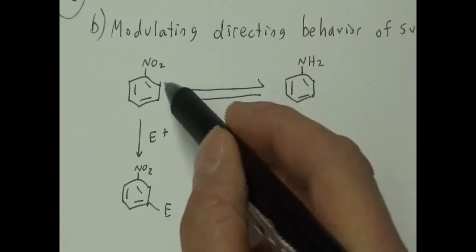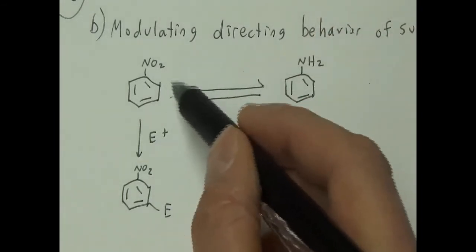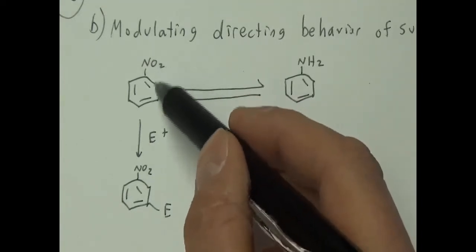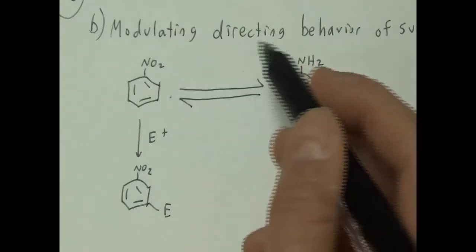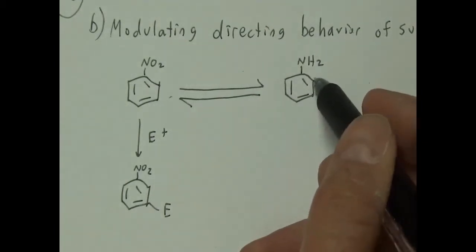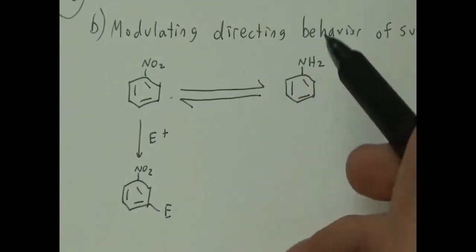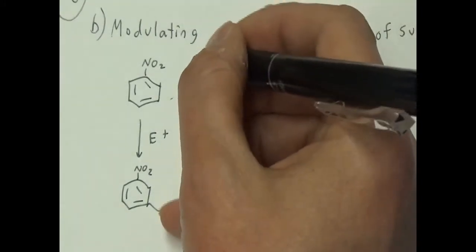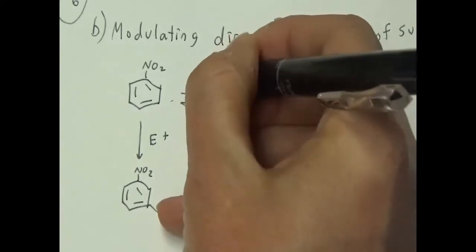So a nitro is actually kind of an oxidized functional group. If it's an oxidized functional group, you see all the oxygens, I can reduce this to an NH2, which is an ortho-para director. Okay, and so the reducing agent is H2 nickel.